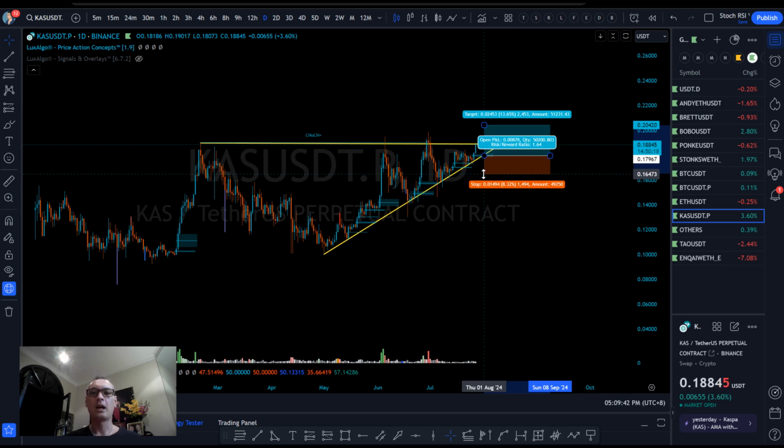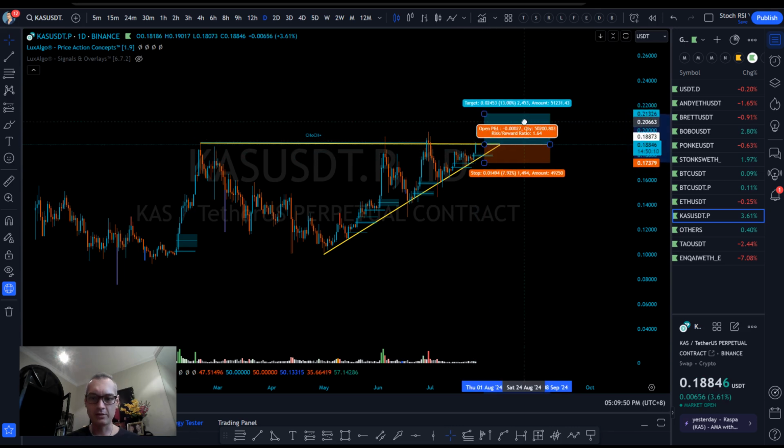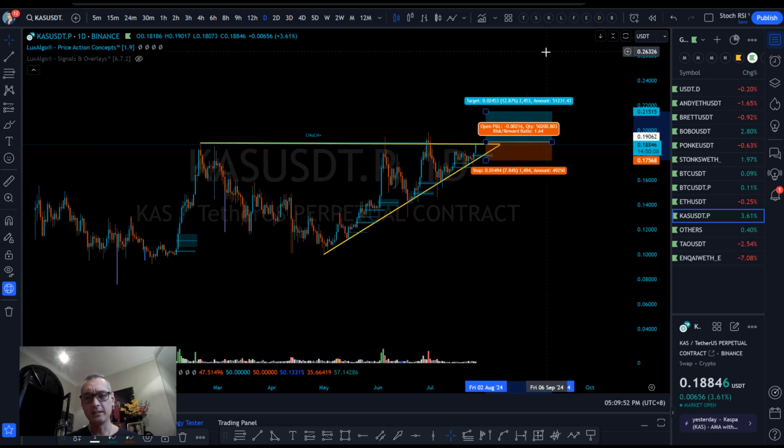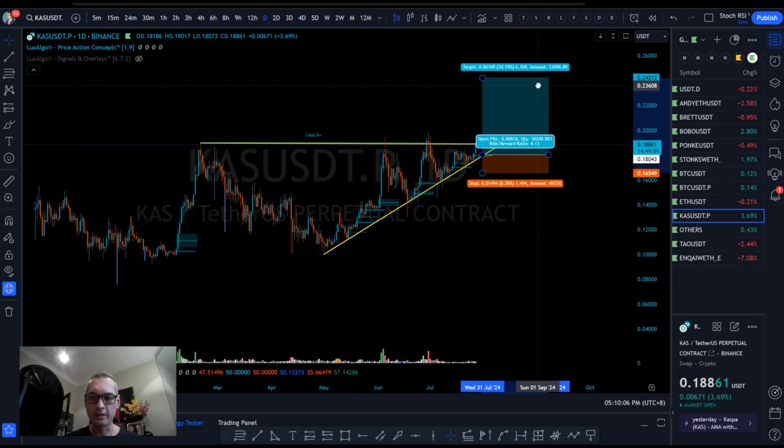Now, I know that most people would say you should wait for price to break out and then retest, and that would be your entry, which is fine. However, I think that seeing as how this has been acting as upward support, I would rather get a sniper entry down here, and I find this actually safer.